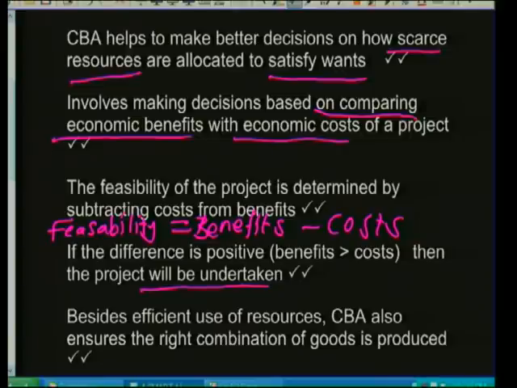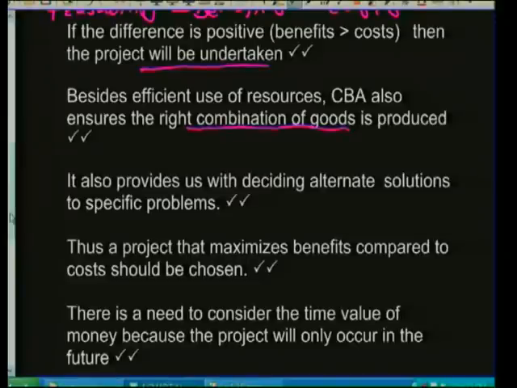Besides efficient use of resources, cost-benefit analysis also ensures the right combination of goods is produced. And this will go back to your production possibility curve that you worked on in grade 10 and 11. It also provides us with deciding alternate solutions to specific problems.